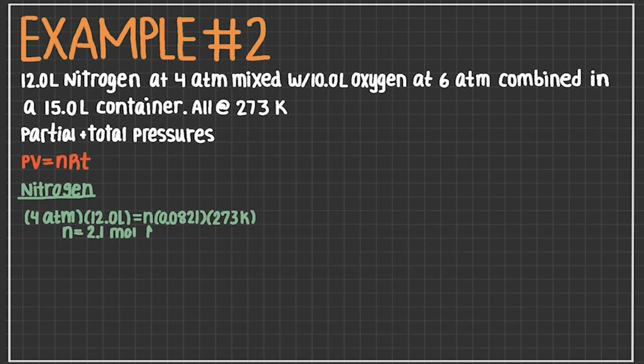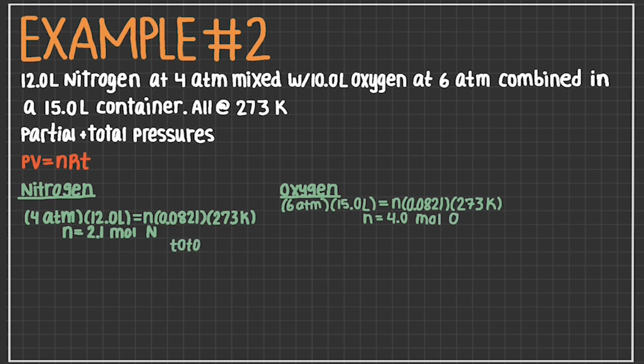That gives us 2.1 moles of nitrogen. For oxygen, we fill in 6 atm times 15.0 liters equals n times 0.0821 times 273, and that gives us 4.0 moles of oxygen. So our total moles of gas are 2.1 plus 4, which equals 6.1.